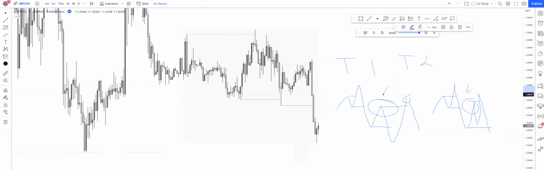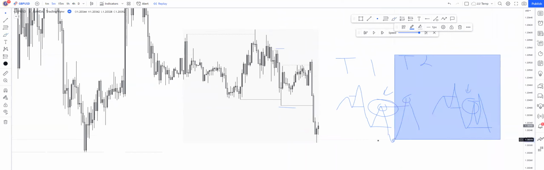There is structure in the middle. There's liquidity in the middle. So train the eye to just see it this way. Understand the overall logic behind T1 and T2. I hope that makes sense. Don't try to find it perfectly like this because that's not going to happen. It's not going to look exactly like that. All right, so let's continue.